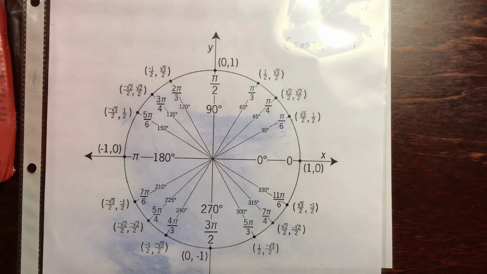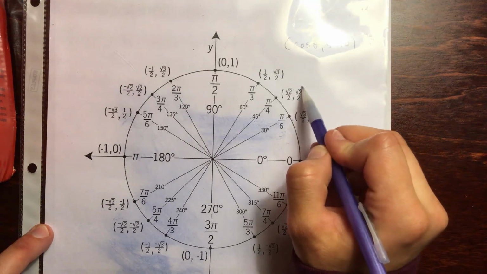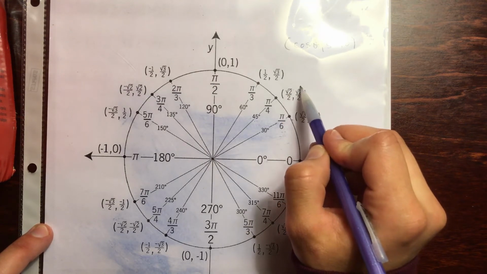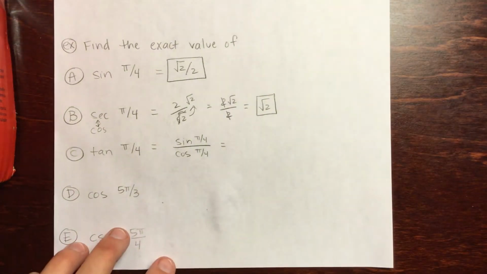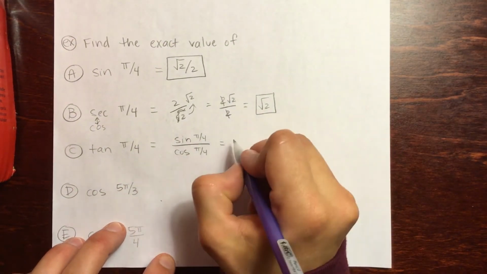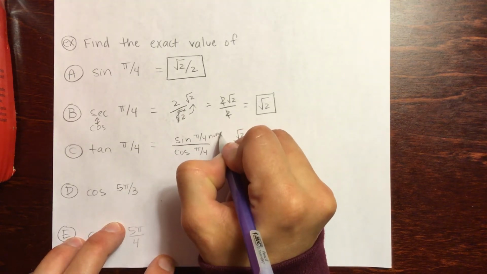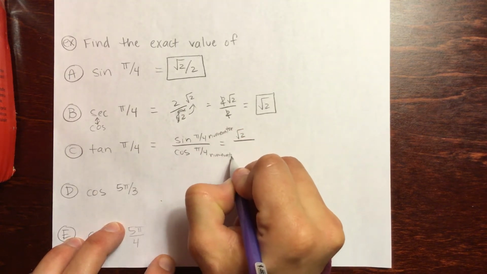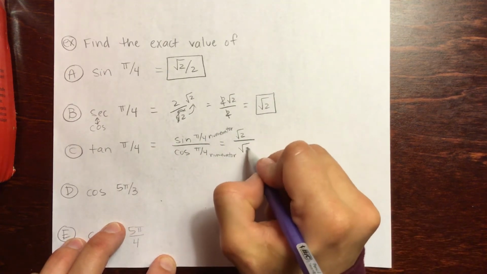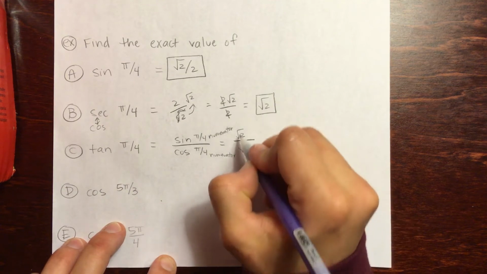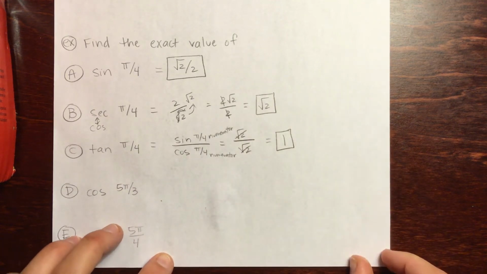Only when we're looking at the unit circle can we just say, let's look at this numerator and this numerator. So sine over cosine, we just want the numerator parts. The sine of pi over 4 numerator is square root 2, and the cosine pi over 4 numerator is also square root 2. Simplify your fraction, 2 over 2, they're both under square roots, they can cancel each other out to be 1.